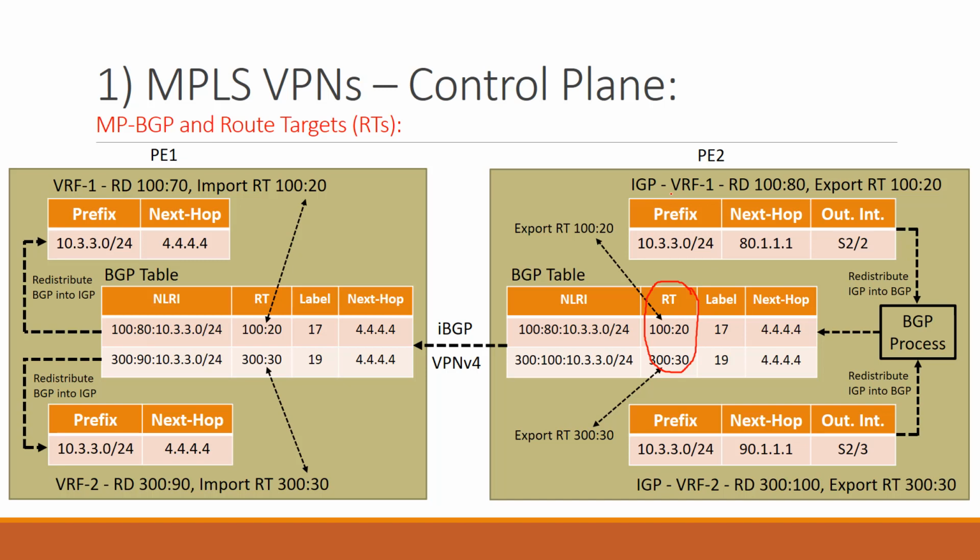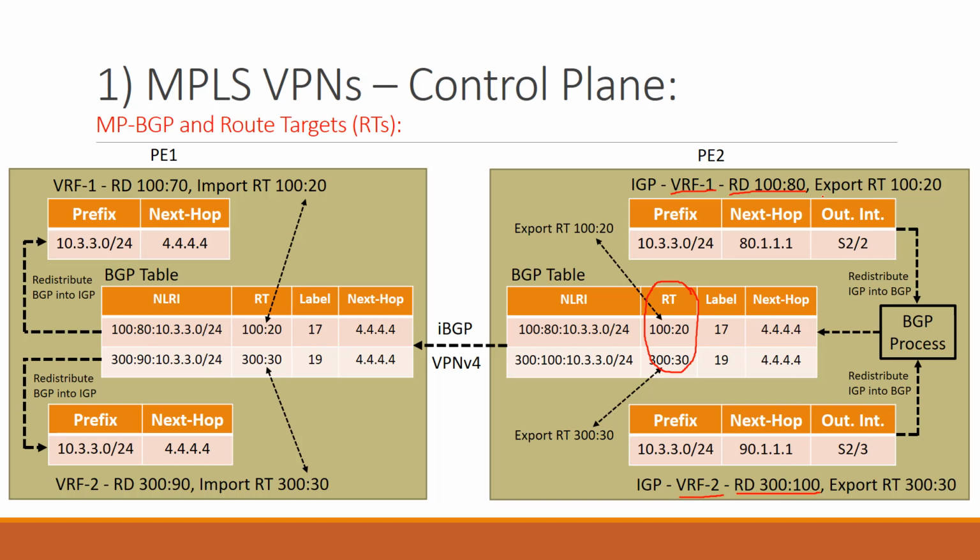As we mentioned, PE2 has VRF1 for customer 1 and VRF2 for customer 2. VRF1 is configured with route distinguisher 10:80 to distinguish between duplicate IPv4 prefixes with other customers, and VRF2 uses route distinguisher 300:100.